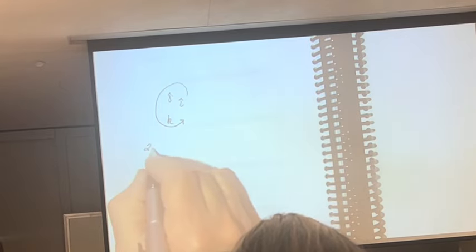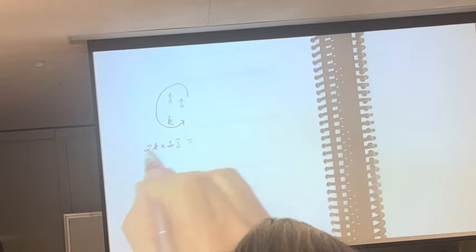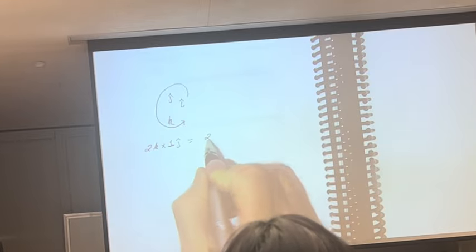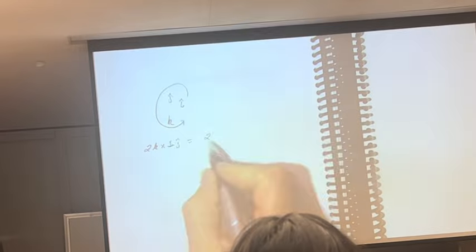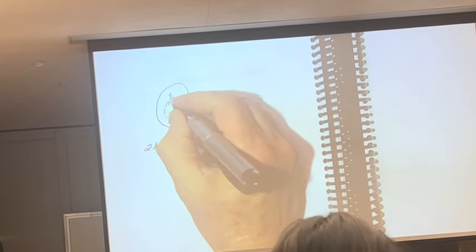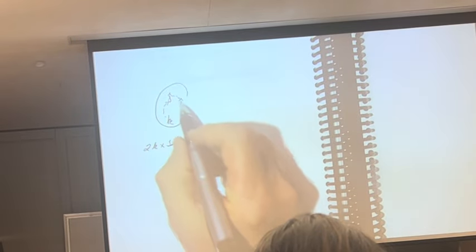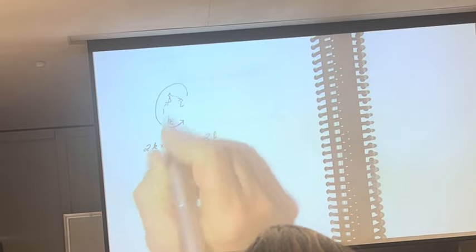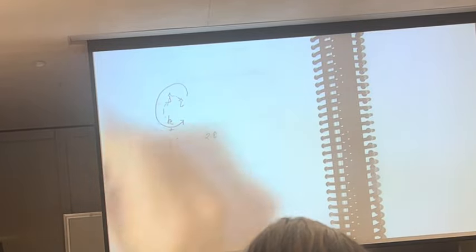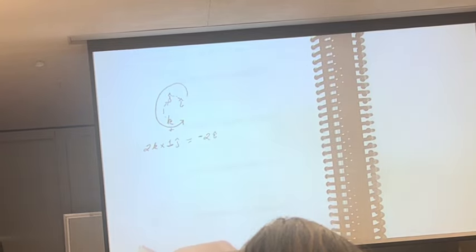If I say 2K crossed with 1J, 2 times 1 is 2, but now I have to give it the IJK direction. I look at K, the next letter over is J, the next letter over is I, so I know it's I. And since it's going clockwise, not counterclockwise, because counterclockwise is positive and clockwise is negative because of the right-hand rule, that gives me a minus 2I.